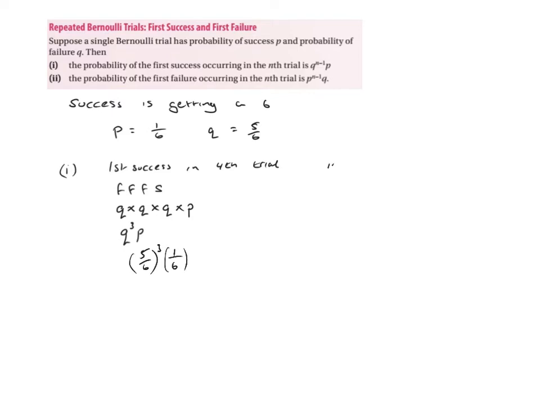For the second one, where it's the first failure, it's just the opposite way around. So first failure in the 5th trial, we'll do for this one, so the numbers will be slightly different.